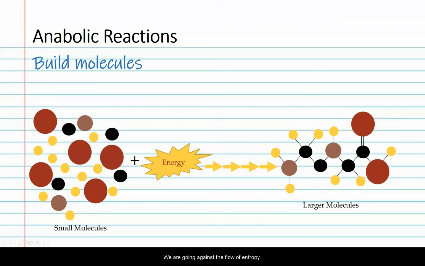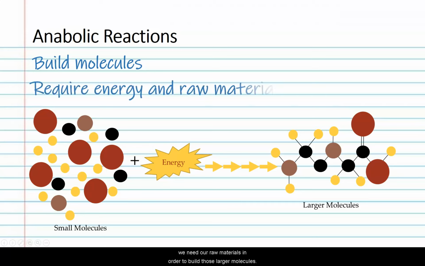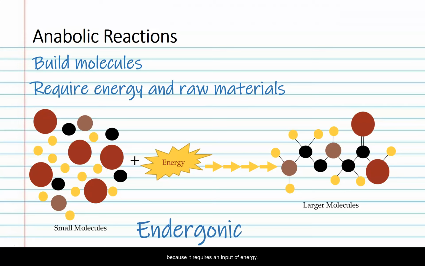We are going against the flow of entropy. So that's going to require an input of energy. And of course, we need our raw materials in order to build those larger molecules. This process is going to be an endergonic process because it requires an input of energy.